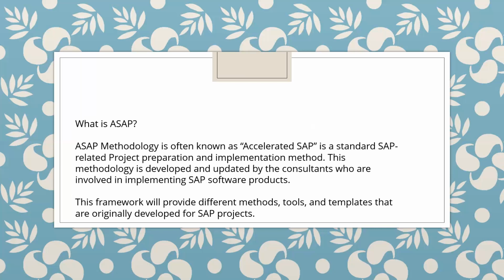But when it comes to the project, it is a bit different. Let's discuss what this SAP methodology is as much as possible. My definition says SAP methodology is often known as Accelerated SAP. I told you what accelerated means: to speed up your project.